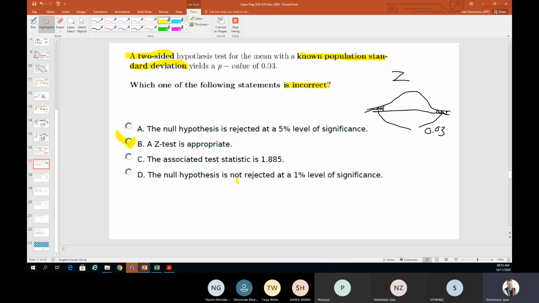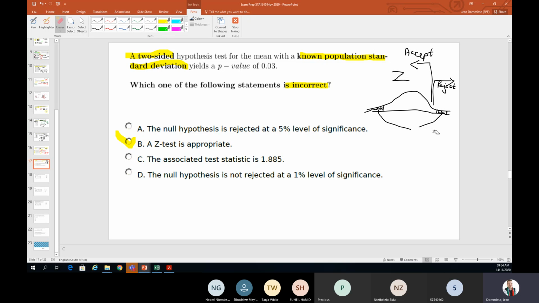The null hypothesis is not rejected at a 1% level of significance. Okay, so let's just, as I've written in, reject, accept. Okay.